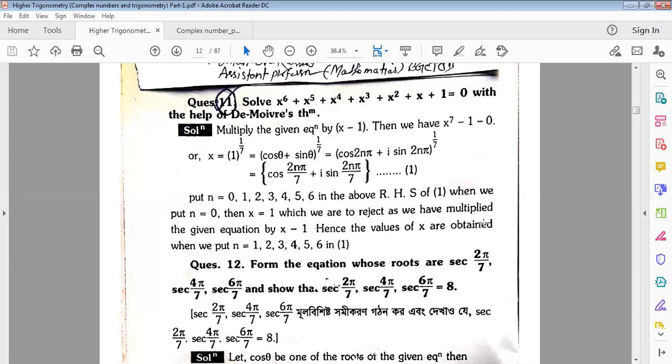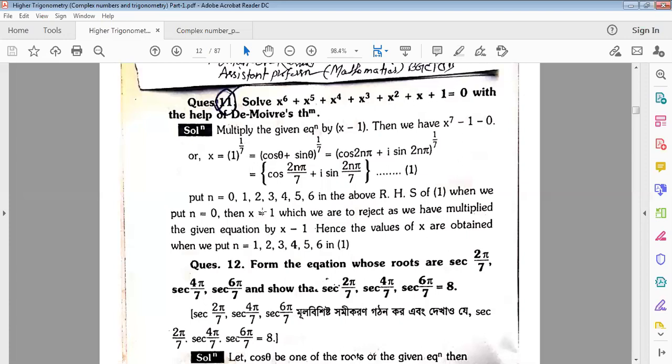Hence the values of x are obtained by putting n equals 1, 2, 3, up to 6. That means if n equals 0, then we get only x equals 1, which will be rejected. Why? Because x equals 1 does not satisfy our given equation. Put x equals 1, then the left hand side and right hand side will not be equal.